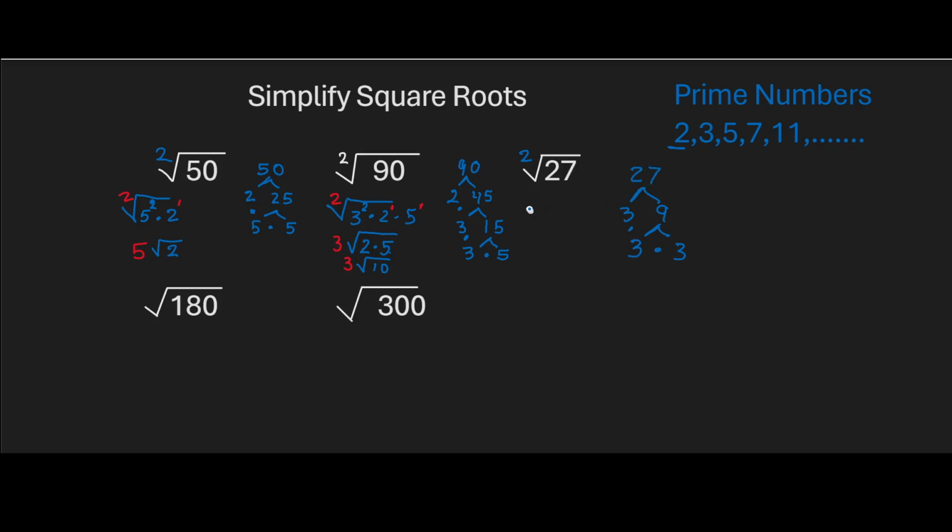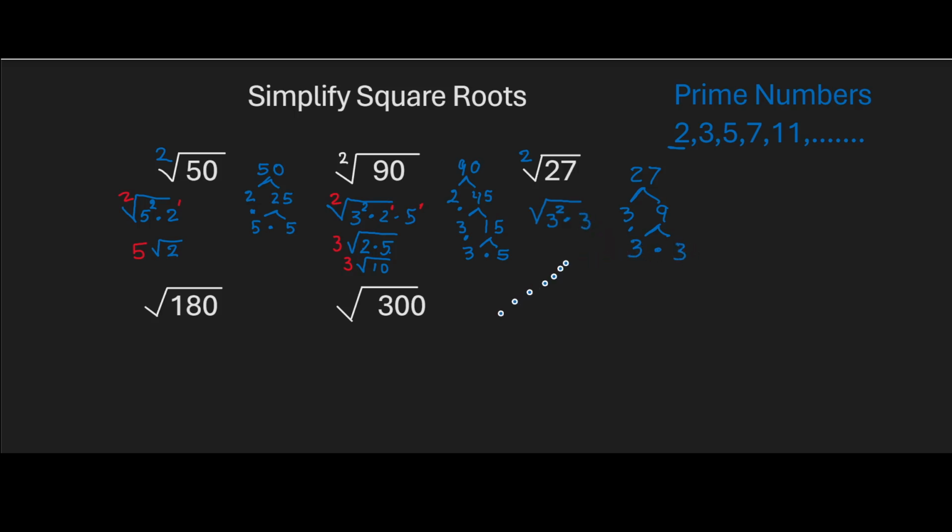Now, the way I'm going to write the answer is by making sure that I have an exponent that I can divide by 2. So what I'm going to do is take 2 of them, okay? And I'm going to write 3 squared, and then times 3, times that one.